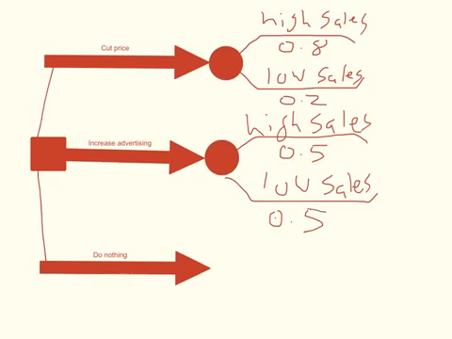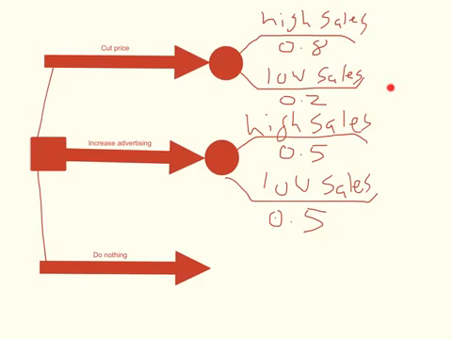So now we have, a quick recap, the square to start the decision tree, the options available, which are to cut the price, increase advertising, or do nothing. And then the circle signifies that there are possible outcomes. And we've now put the outcomes on there, which is expressed as probability, which must add up to 1.